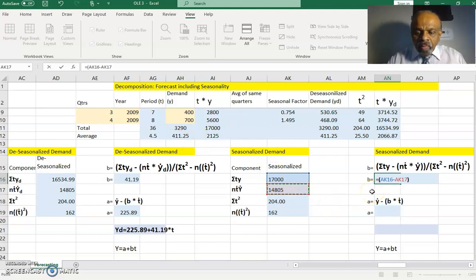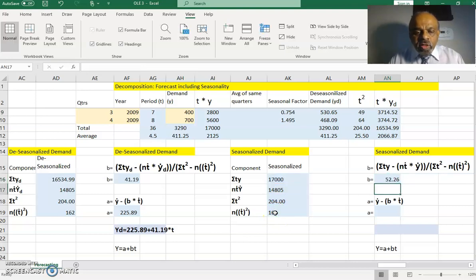Okay, and I'm going to take this divided by sigma T squared, which is 204, minus N times T average squared, my fourth component, 162, and that comes to 52.26.